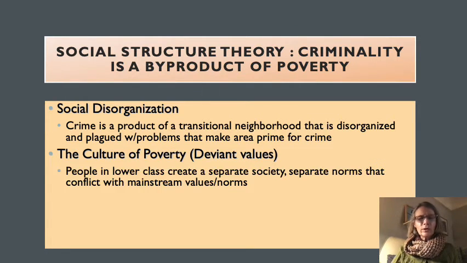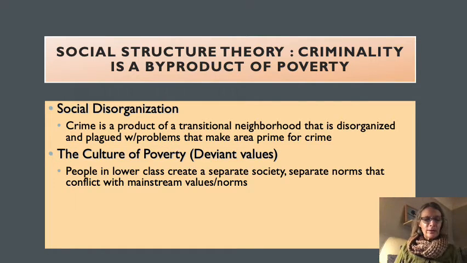Your textbook also talks about the culture of poverty, or the deviant values perspective, that when poor neighborhoods seem, and oftentimes are, separated out from the rest of a more thriving or affluent community, people that live in poverty can create a separate society with separate norms that conflict with mainstream values and norms.